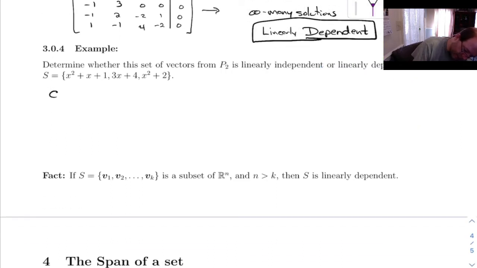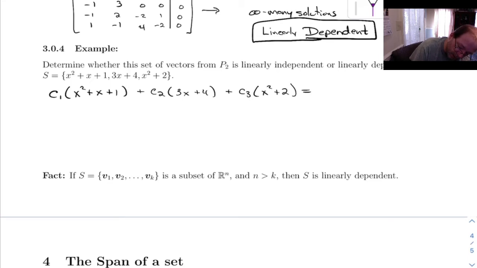So what we have to say here is C1 times x squared plus x plus 1 plus C2 times 3x plus 4 plus C3 times x squared plus 2 equals the 0 vector. What is the 0 vector for polynomials? Well, it's just the number 0. You can think of it as being 0x squared plus 0x plus 0, but just write it as 0.